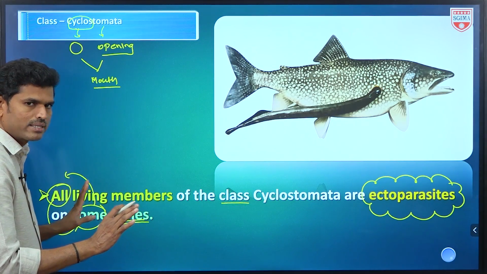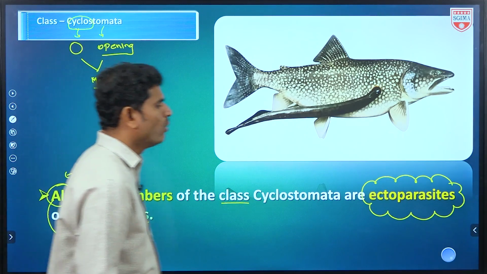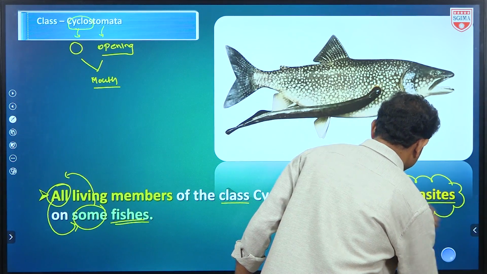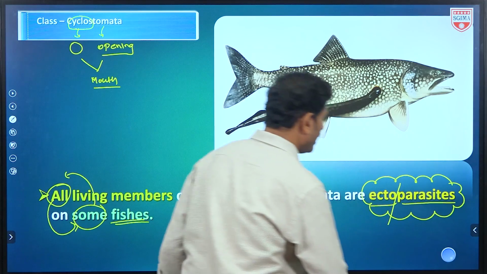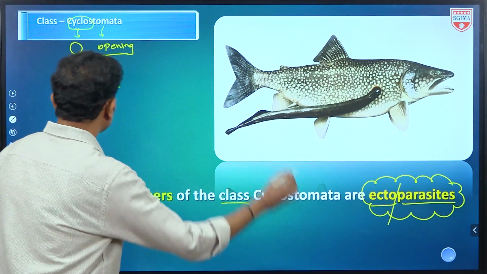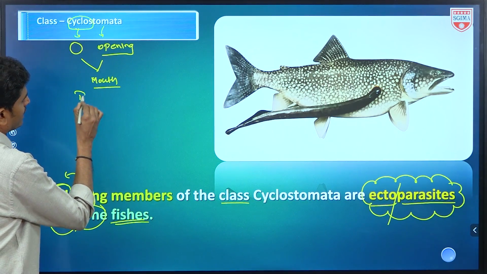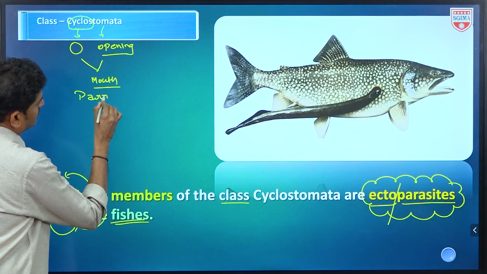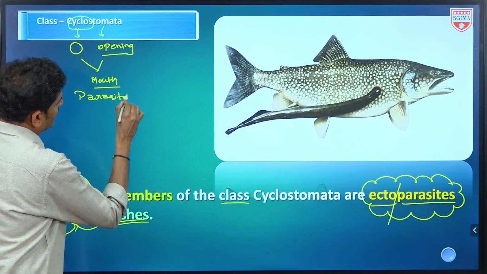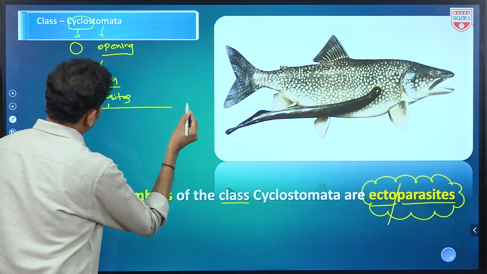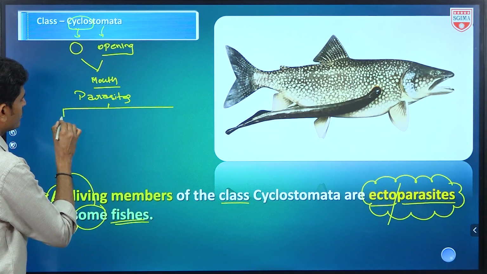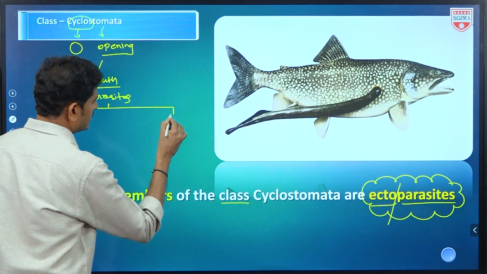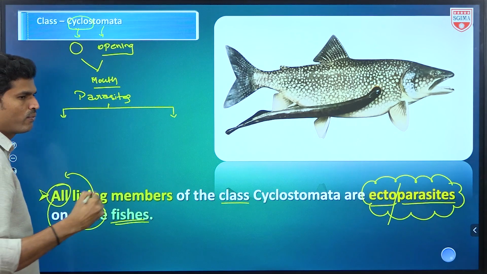Okay, this statement is clear, no? Now we can say what these parasites are. Later, one more word was given here: ectoparasites. So parasites have two categories. A parasite is an organism which feeds on others or depends on others for food and shelter.